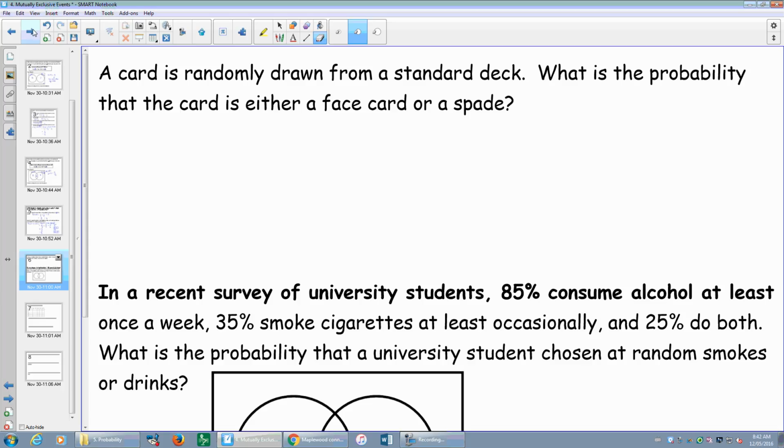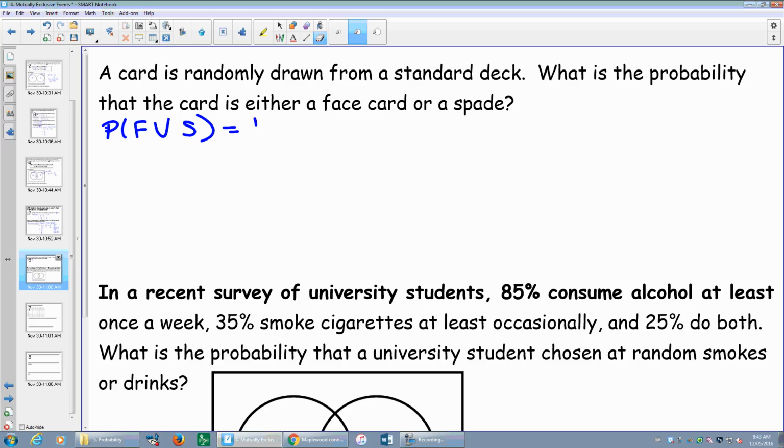Okay, so next we're going to go to a card example. A card is randomly drawn from a standard deck. What is the probability that the card is either a face card or a spade? So again, the probability of a face card or a spade.